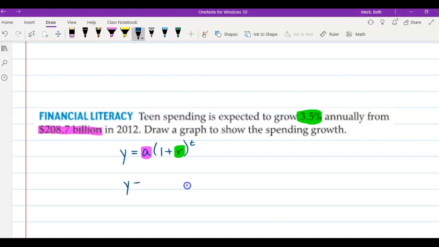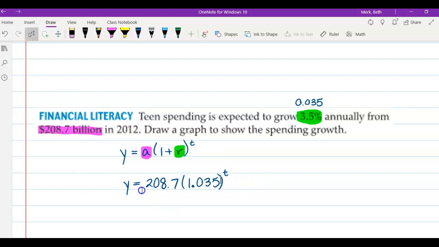So we're going to say y equals 208.7 billion times, now I'm going to add this in the same step, 3.5% as a decimal looks like that. So 1 plus that is 1.035 to the t.